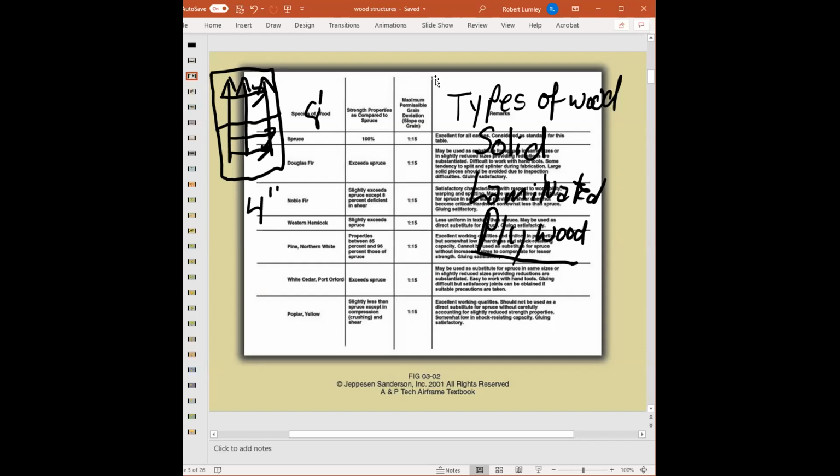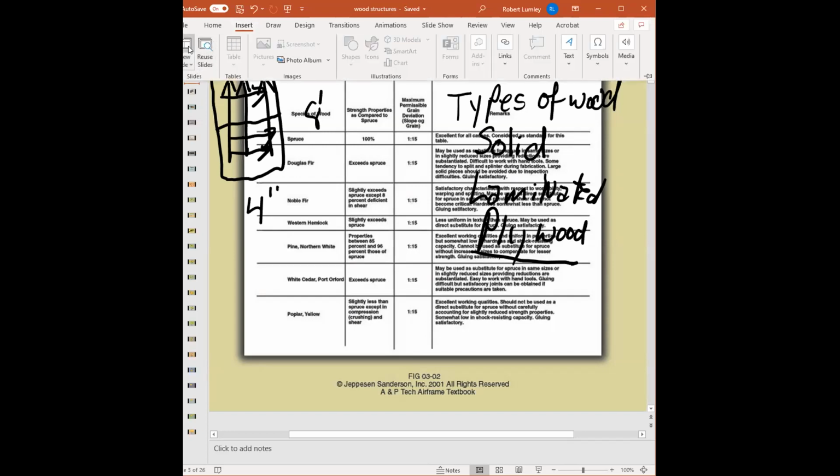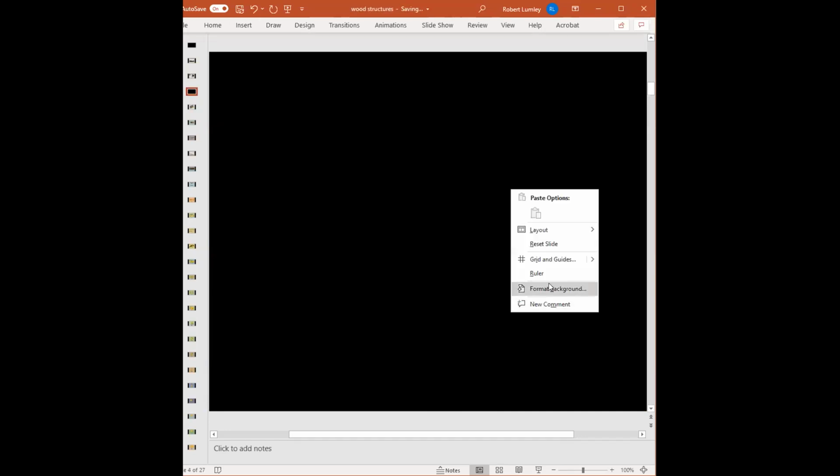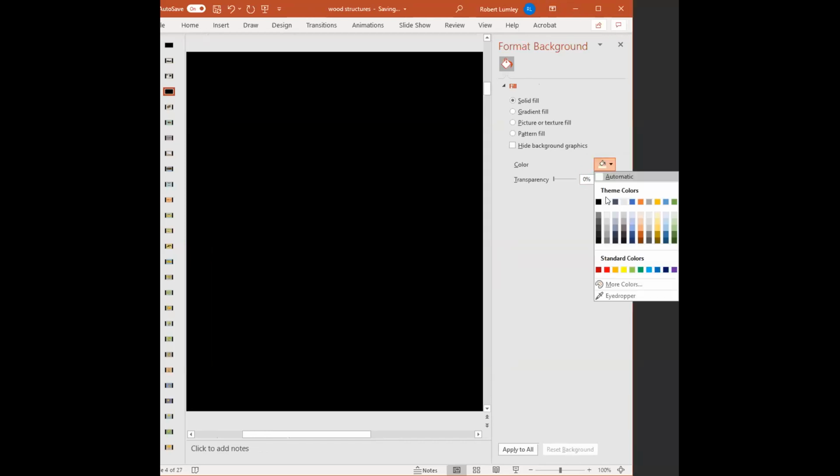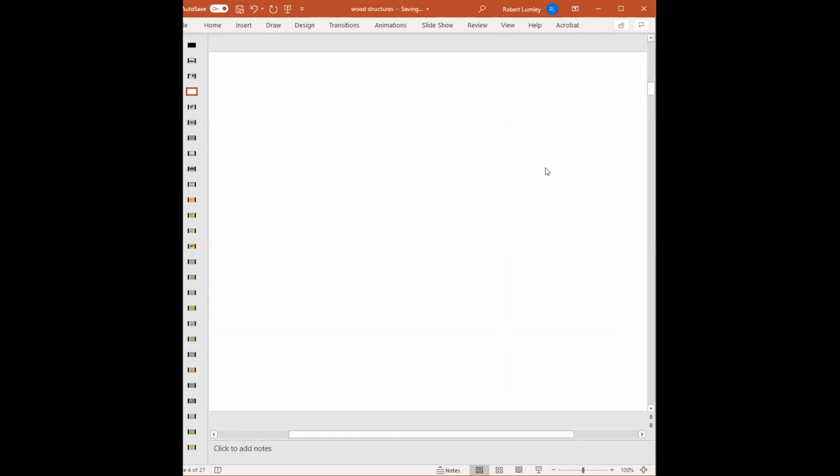The interesting thing is, how do they make plywood? I'm going to see if I can do this real quick. Insert new slide. But how do they make plywood?